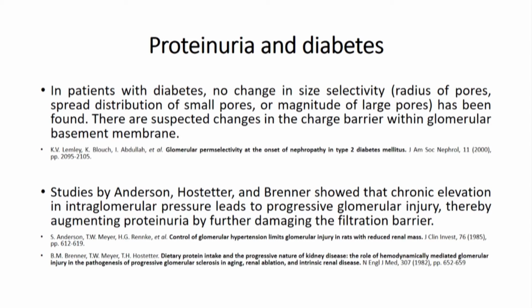And there are some suspected changes in the charge barrier within the glomerular basement membrane. This is something they found previously. And the studies of Anderson, Hostetter, and Brenner show that chronic elevation in intraglomerular pressure leads to progressive glomerular injury. This also progresses proteinuria and further damages the filtration barrier.